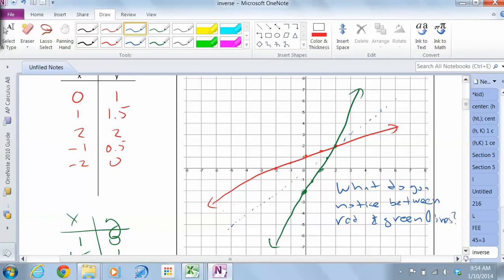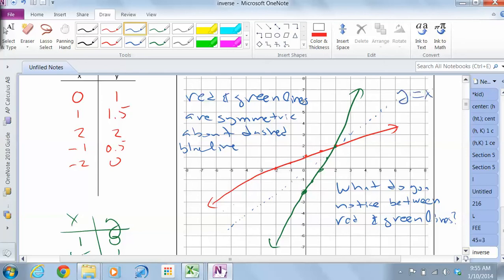What if I drew that dashed blue line? We would see that the red and green lines are symmetric about the dashed blue line. The equation for the dashed blue line would be y equals x.